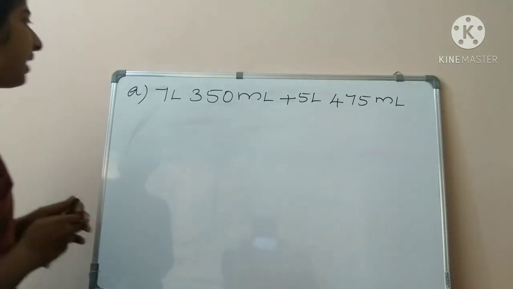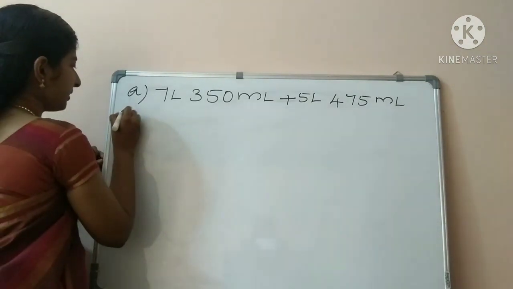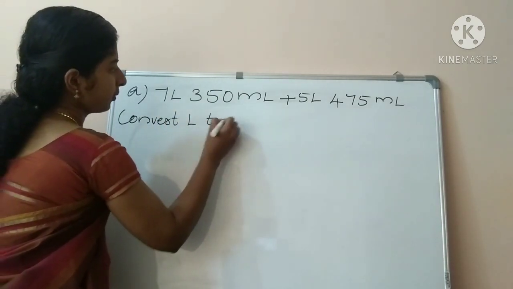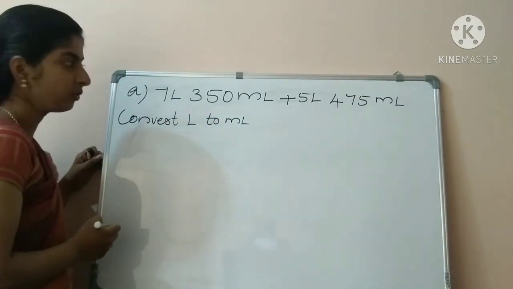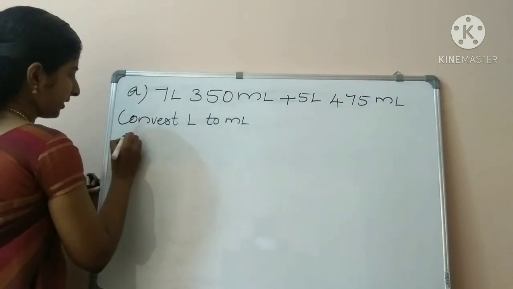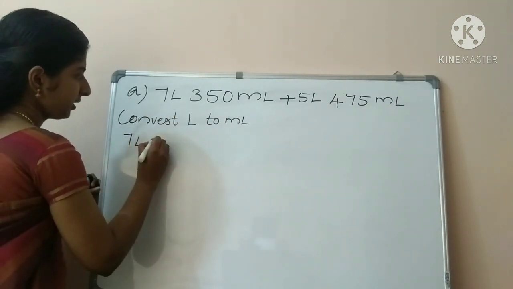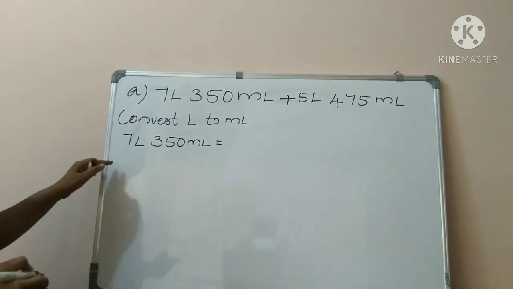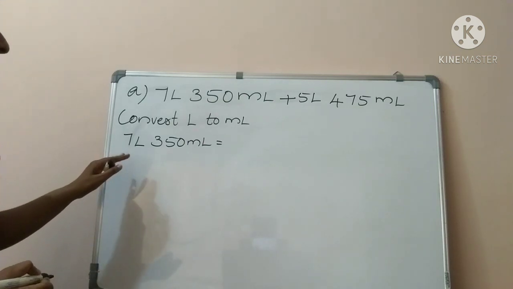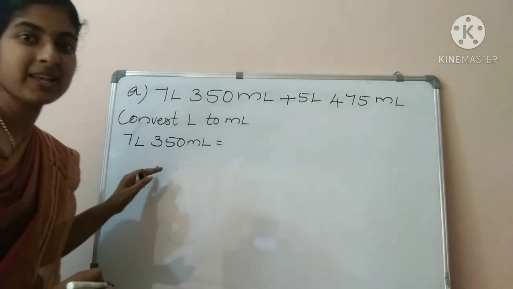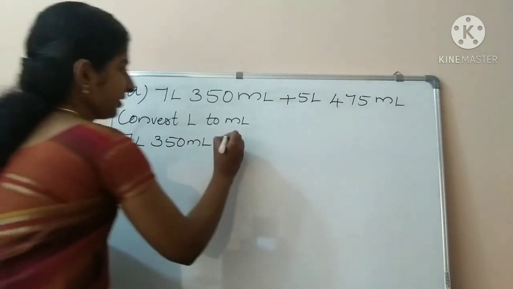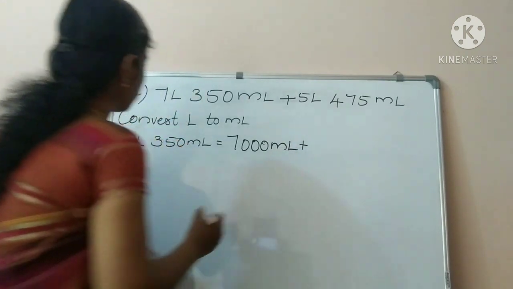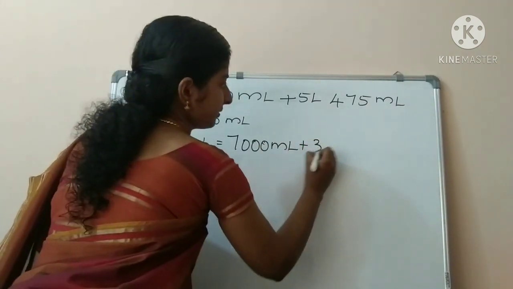Okay, first convert liter to milliliter. The first term, 7 liter 350 milliliter, is equal to 7 liter, which is how many milliliter? 7000 milliliter plus 350 milliliter.